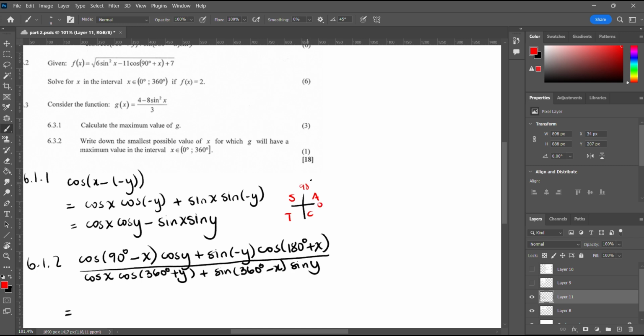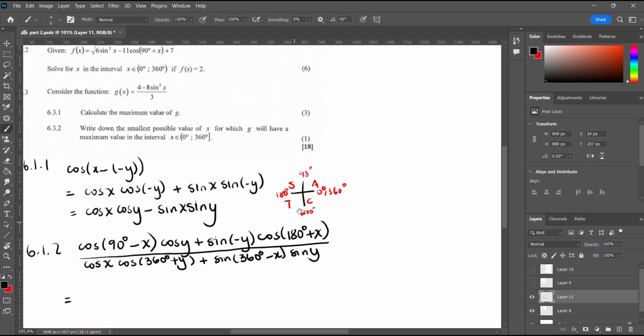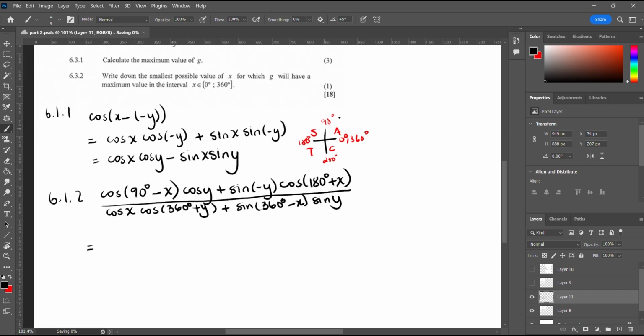So 0, 90 degrees, 180 degrees, 270 degrees, 360 degrees. And cos of 90 minus x, 90 minus x is in the first quadrant, and since it's 90 it changes to sine x cos y.